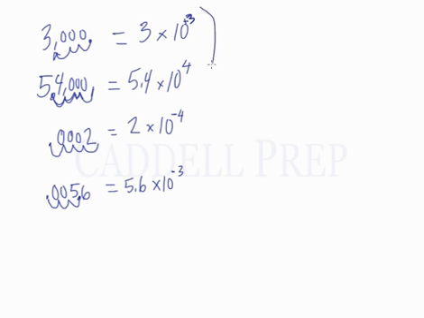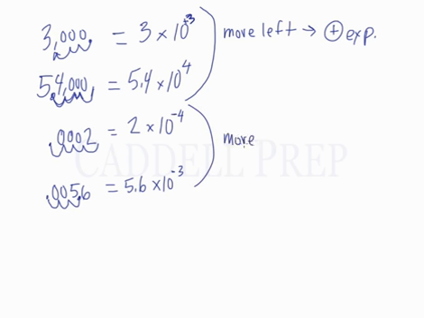Another way you could think about this is, if we move the decimal to the left, then that means we're going to have a positive exponent. If we move the decimal to the right, then we're going to have a negative exponent.